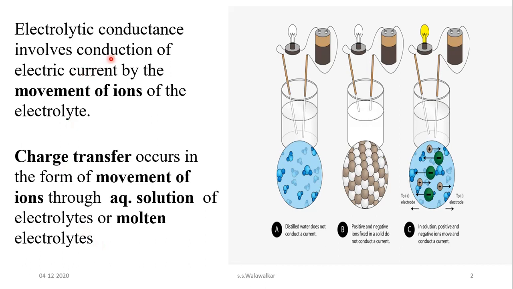So electrolytic conductance involves conduction of electric current by movement of ions of the electrolyte, and therefore as there is no movement of ions, no current flows. Here the number of ions is very less, so it is a poor conductor, and here the number of ions is more and therefore it can conduct electricity. So charge transfer takes place.